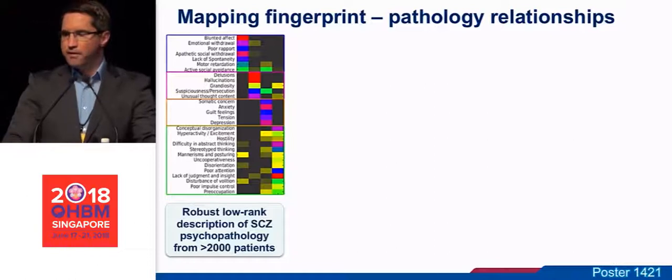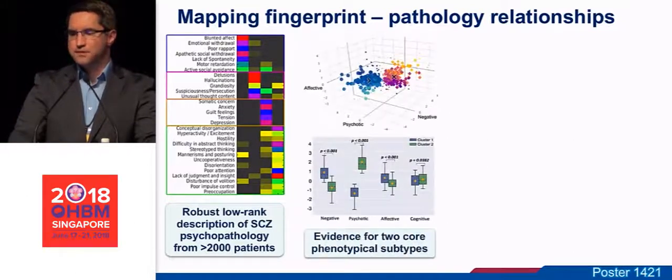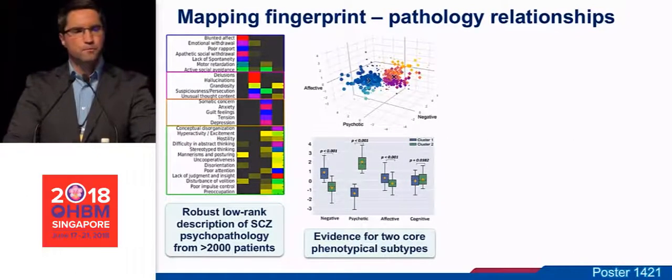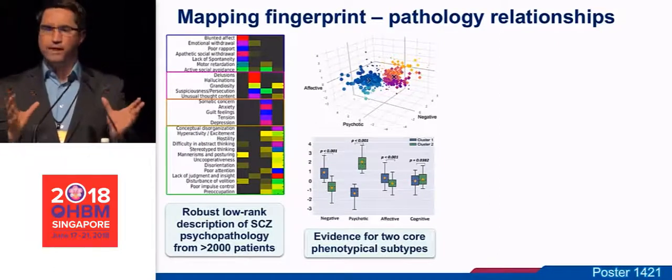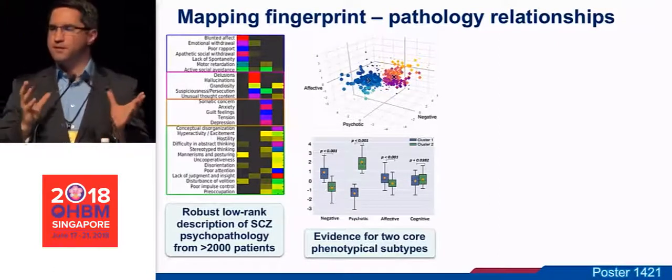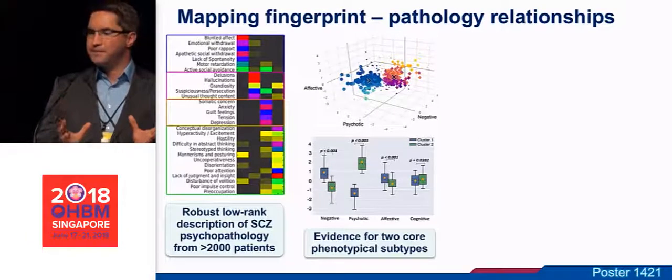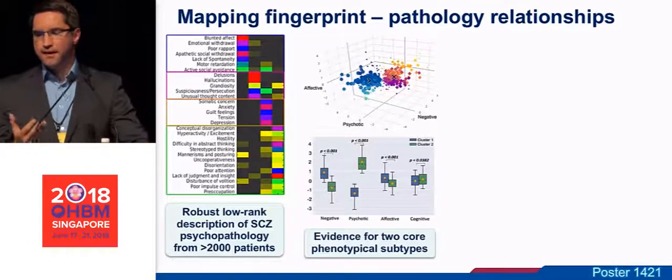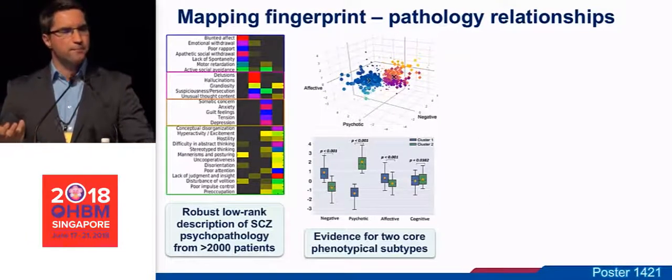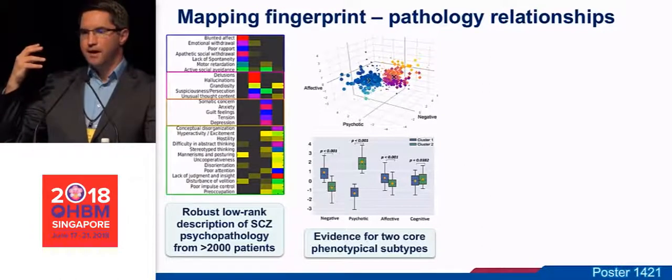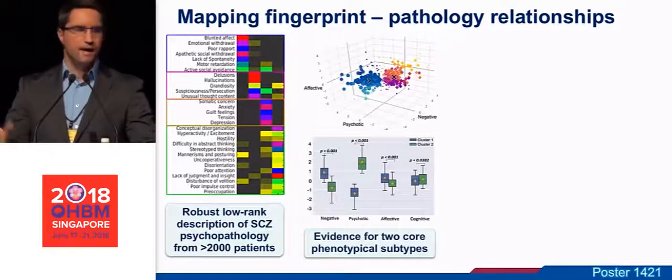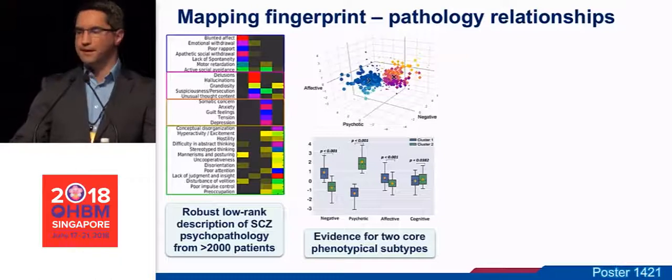Next, we went on and clustered patients into groups to see where, in this now much more manageable and also somewhat denoised space, we can find subgroups of patients. And indeed, we could find evidence for 2 core subtypes. It was basically a more positive, a more psychotic type, and a more negative, a more blunted type.